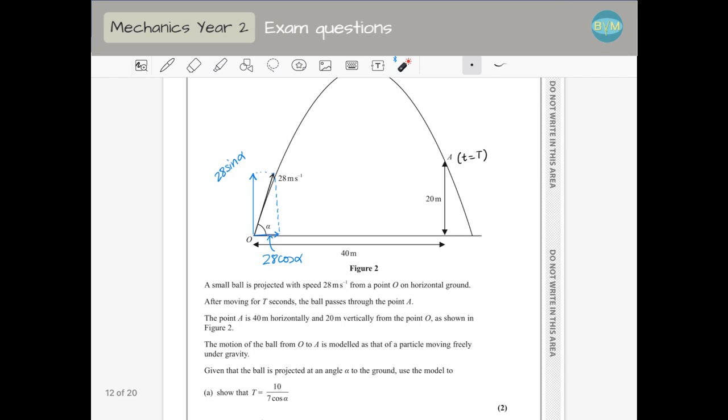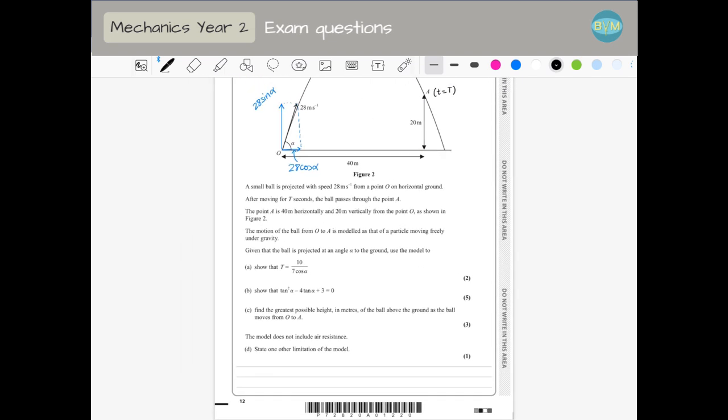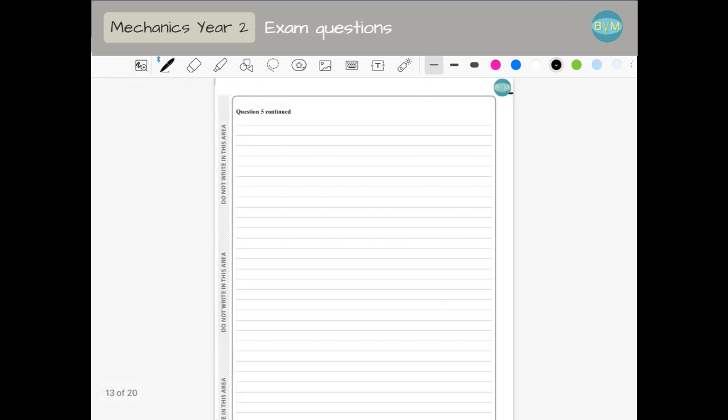If we look at the horizontal motion, because it's the simplest, the horizontal motion is constant velocity, vertical motion is under gravity. So horizontal motion, as it is constant velocity, velocity is distance divided by time.